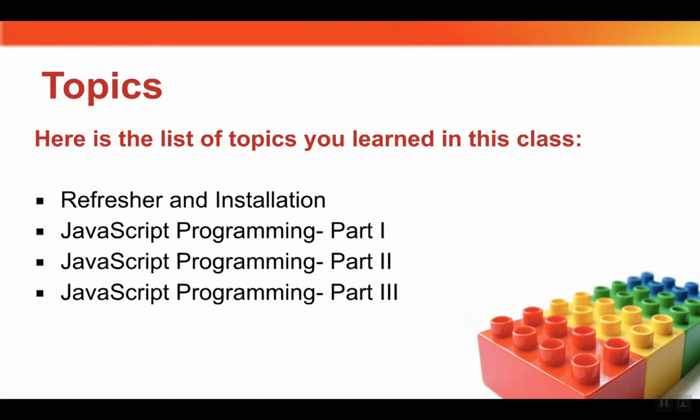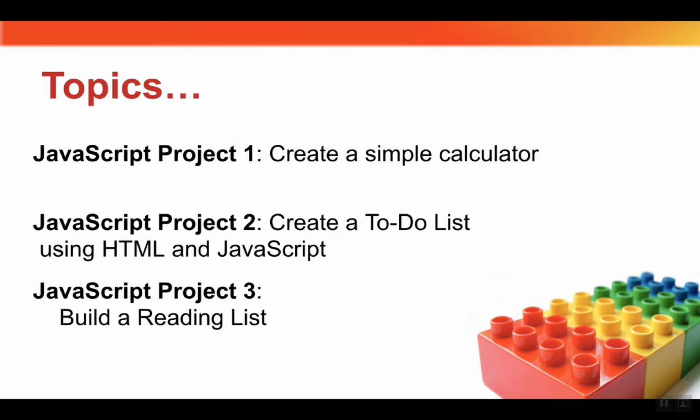Okay, we also understood the difference between web design and web development. And by now, you must be feeling pretty confident about your skills as a JavaScript developer. Okay, so we implemented our JavaScript skills by building a few projects. So the first project we focused on was a simple calculator where you had the 4 basic arithmetic functions: addition, subtraction, multiplication, and division.